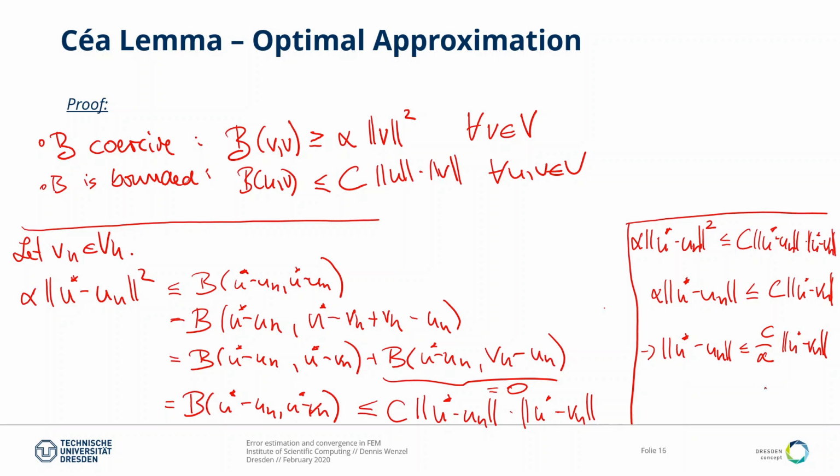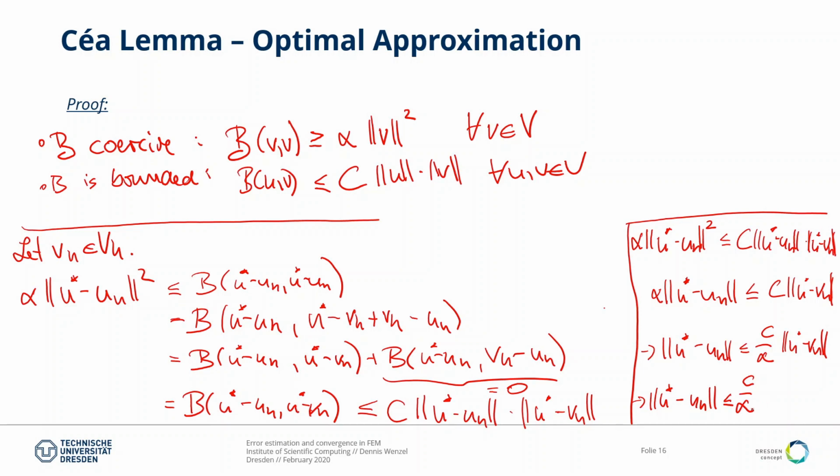Because this is true for all VH, because it was chosen arbitrarily, I can simply take the infimum, because if an inequality is true for all, then it's also true for the infimum. That means that I can write down my statement now. That also means that I now know what this constant is in Céa's lemma. It's not a common case that in numerical estimations you actually know the constant, but here it's a combination of the boundedness constant and the coercivity constant.